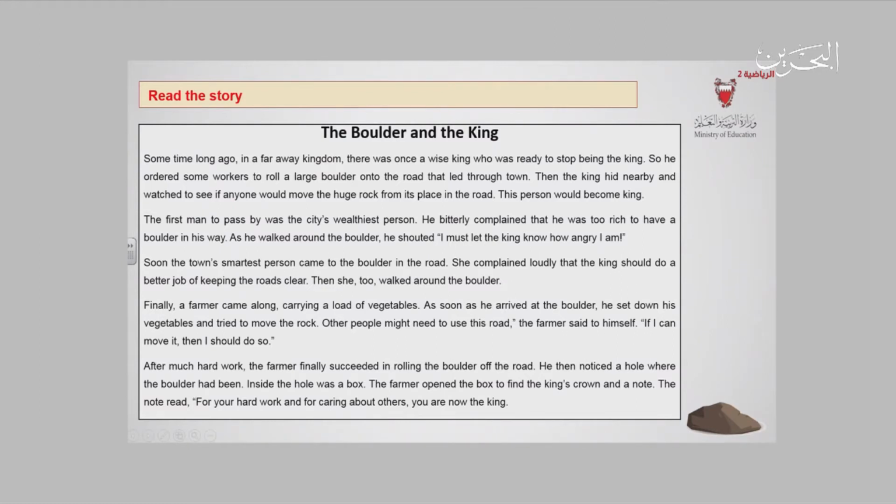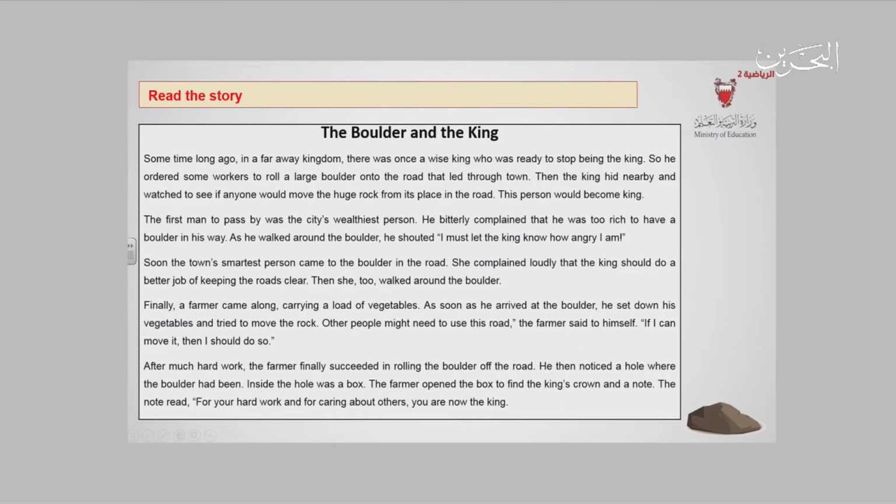Finally, a farmer came along, carrying a load of vegetables. As soon as he arrived at the blunder, he set down his vegetables and tried to move the rock. Other people might need to use this road, the farmer said to himself. If I can move it, then I should do so.